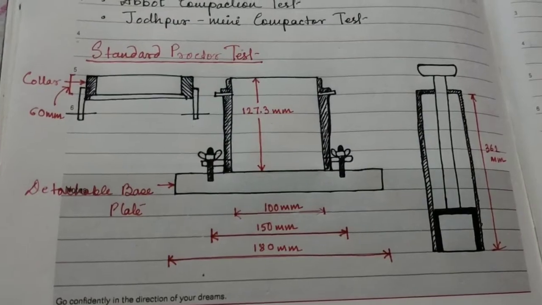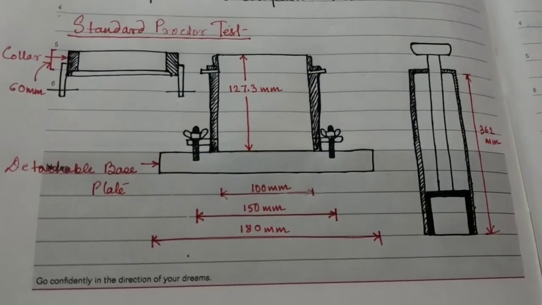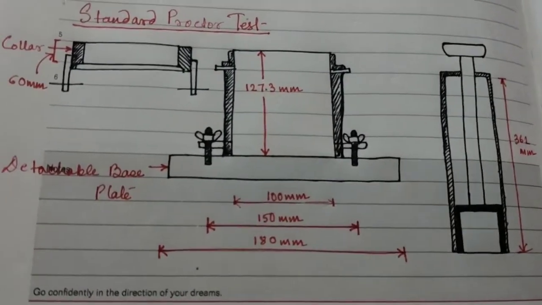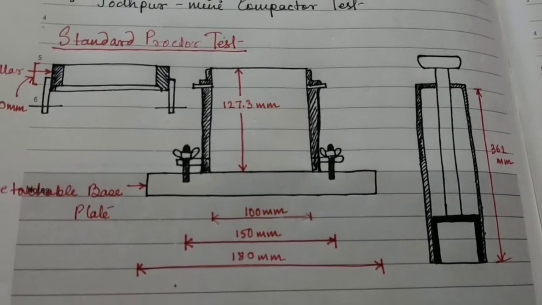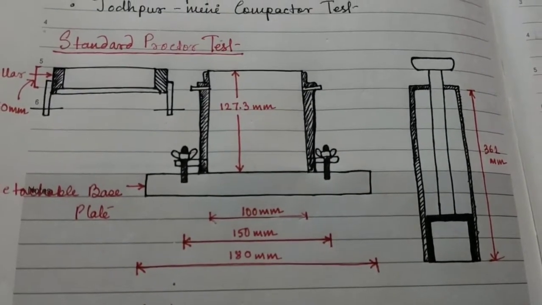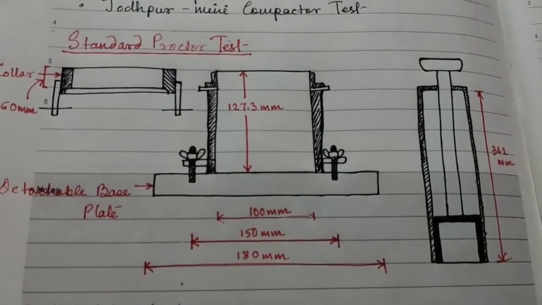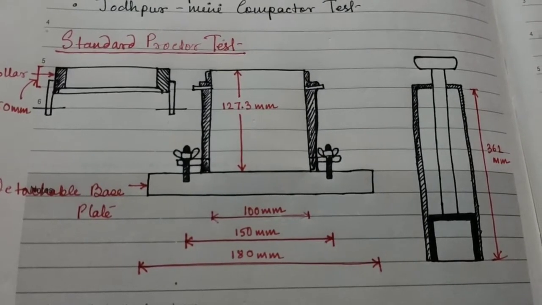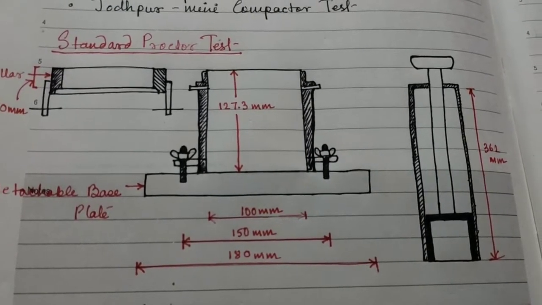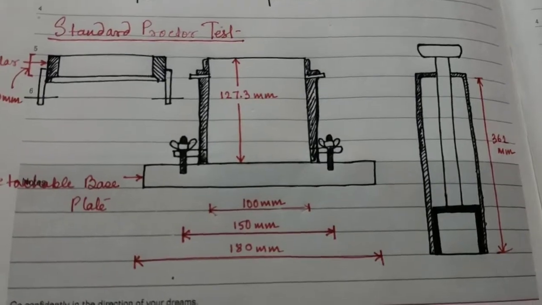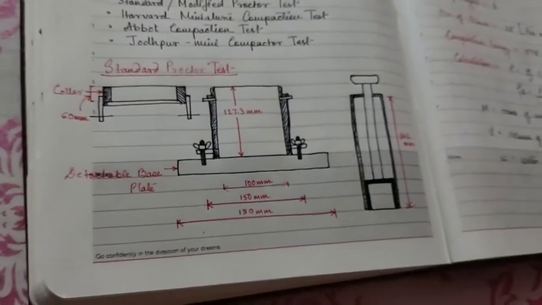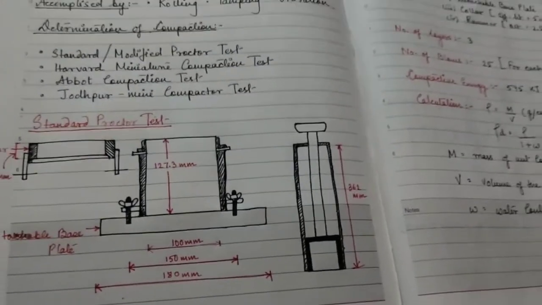Normally about 3 kg of air-dried and pulverized soil passing through a 4.75 millimeter sieve is mixed thoroughly with a small quantity of water. The mixture is covered with a wet cloth and left for a maturing time of about 5 to 30 minutes.